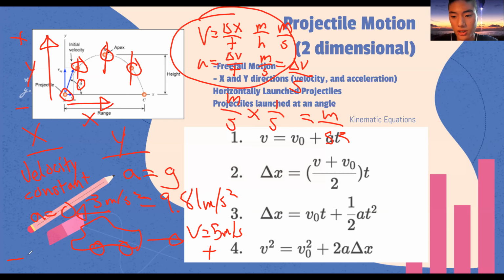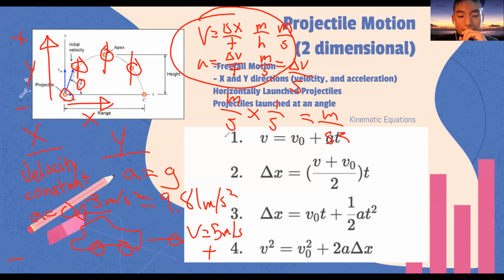So you start off with 10 meters per second, but after like 1 second, it becomes 0. So the acceleration is always negative, always pointing down. When you throw something up, it's basically counteracting that negative force, but then there's a point where the force that you threw it with can't fight against the force of gravity anymore, so it goes back down.